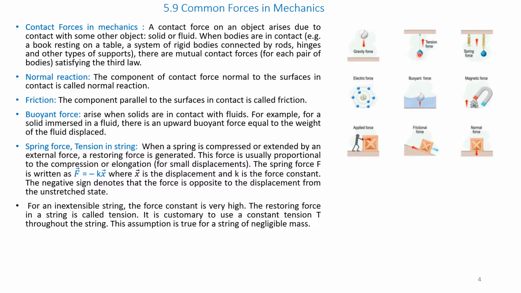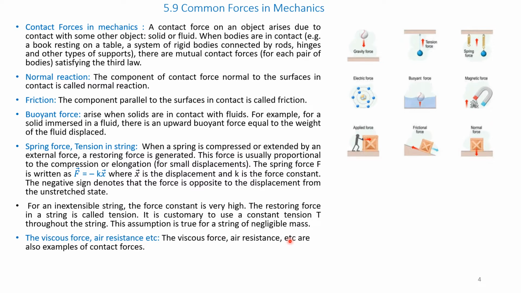The restoring force in a string is called tension. It is customary to use constant tension T throughout the string. This assumption is true for a string of negligible mass. Viscous force and air resistance, etc., are other examples of contact forces.